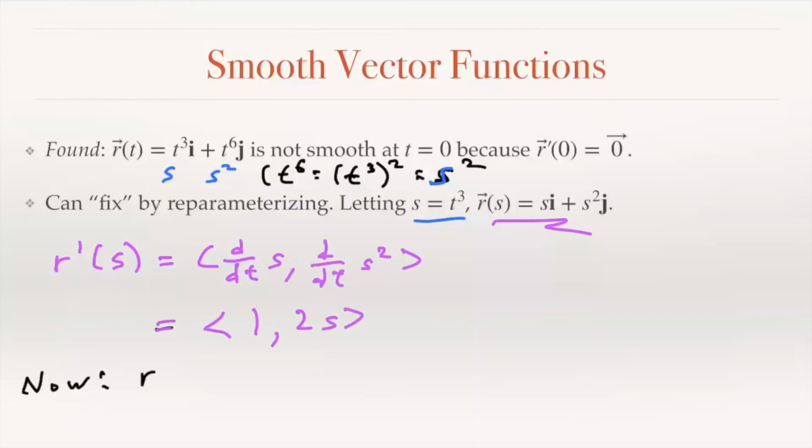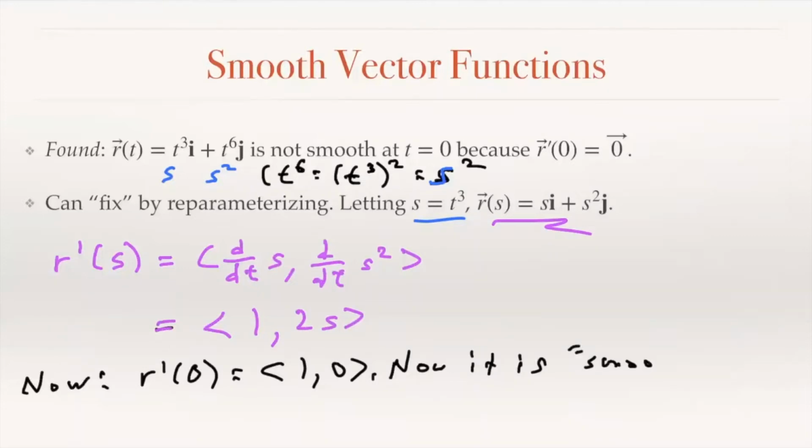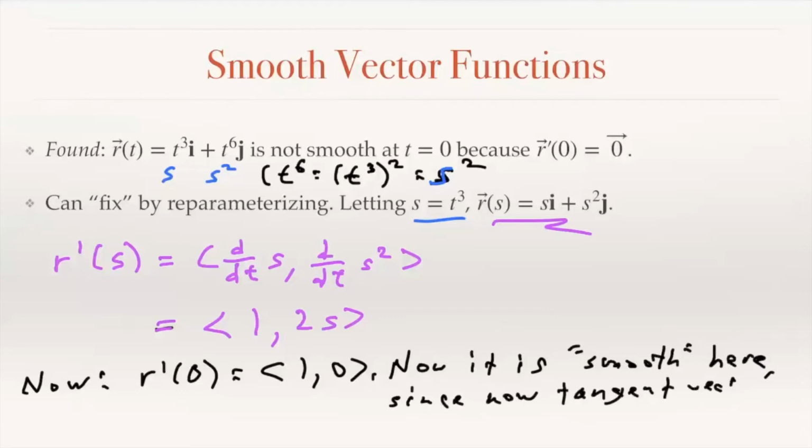Now r prime of 0, plugging in, is 1 comma 0, and now it is, as we call it, smooth here, since it's differentiable, and now the canonical tangent vector is not a 0 vector.